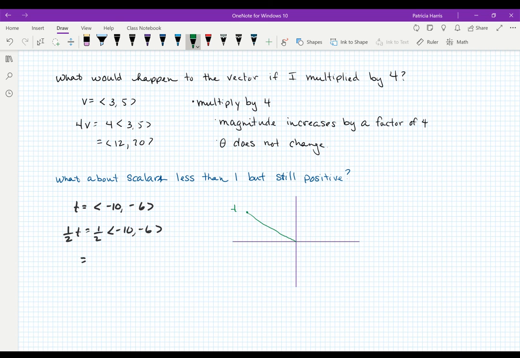Now I'm going to multiply it by 1/2 and see what happens. My line isn't very straight. Rulers help. So that's 1/2 t. So what do you think happened?